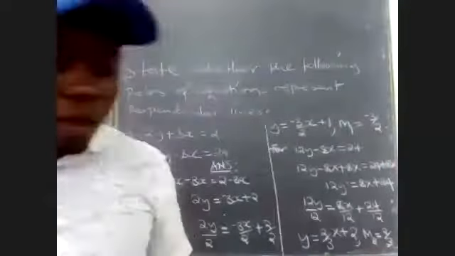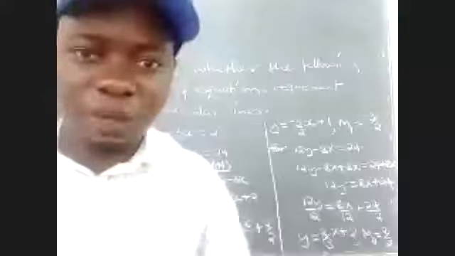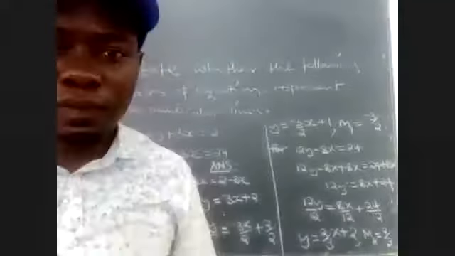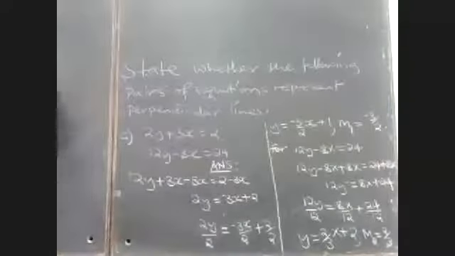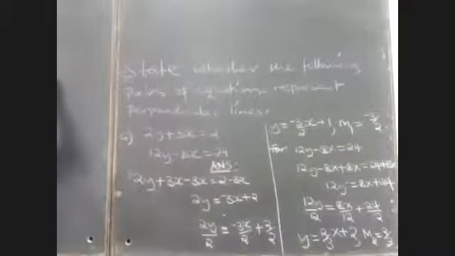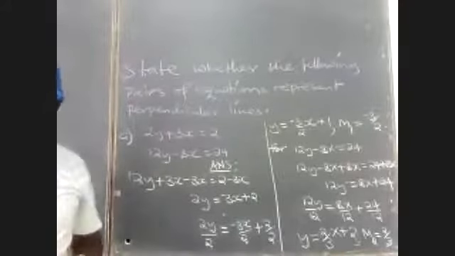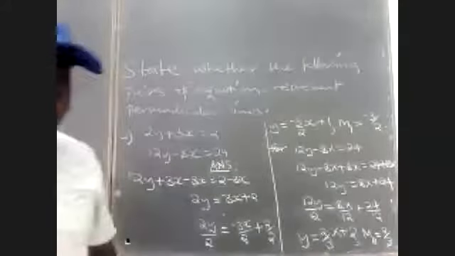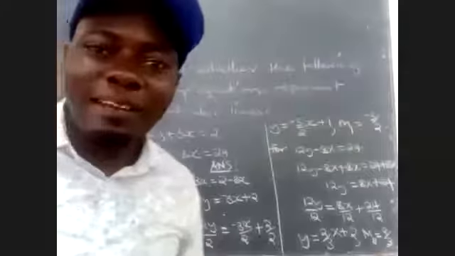So the person I'm moving with is Faith. After getting the 2 gradients, what did you do? We shall now use the formula M1 times M2 is equal to -1. Before we go to that formula, we shall substitute.